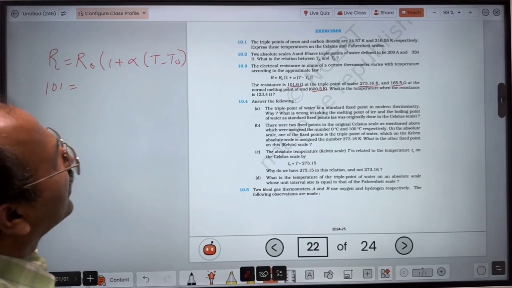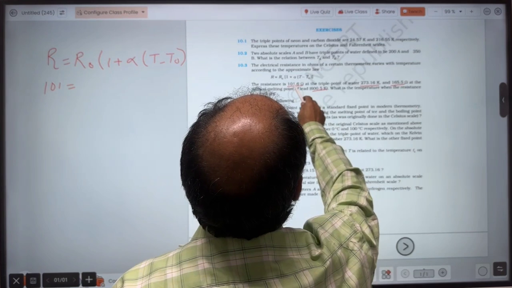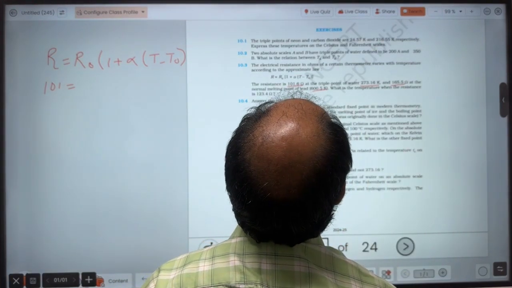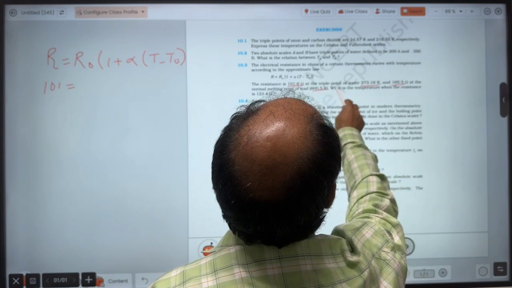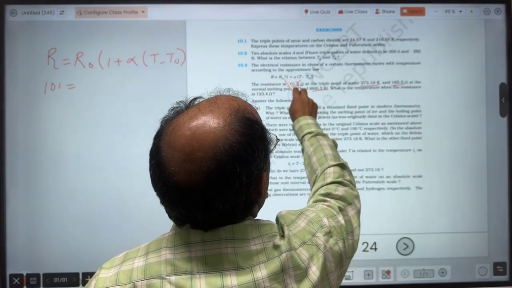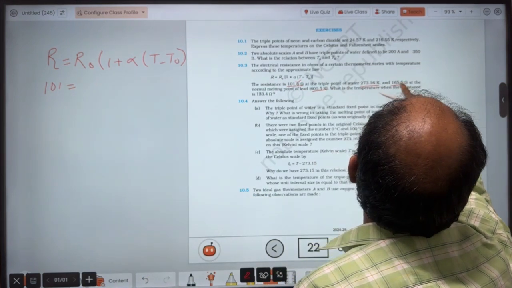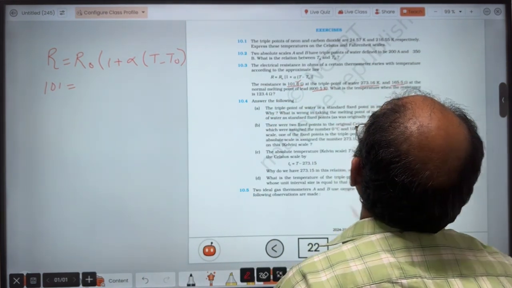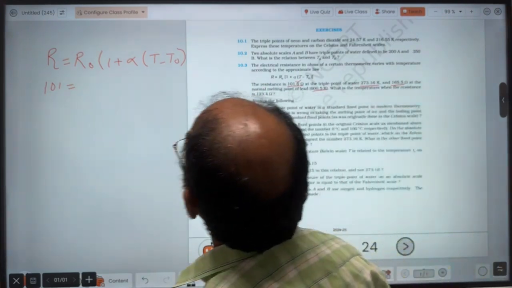Here one thing we can do, we can write it as R0, then things will become easier, right? So we will assume this 101.6 as R0. In that case, this is one resistance, this is another resistance, so this will be R1 and that will be R2, and then we can easily solve it.